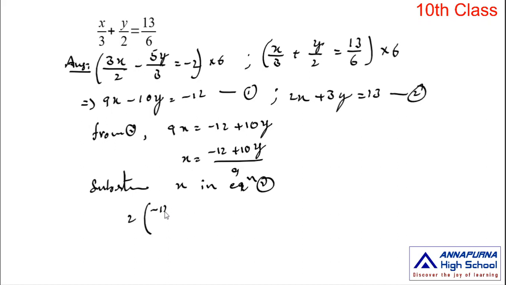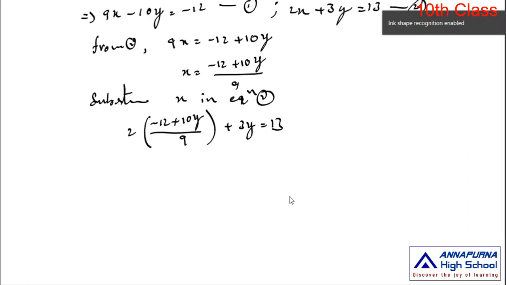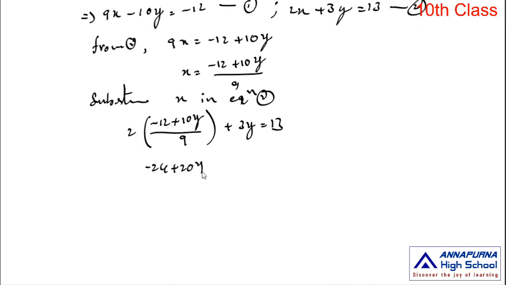So 2 into minus 12 plus 10y by 9 plus 3y is equal to 13. When you simplify the left side, 2 into minus 12 is minus 24, plus 20y by 9 plus 3y is equal to 13. The LCM of the left side is 9, and the numerator is minus 24 plus 20y plus 9 into 3y, 27y.